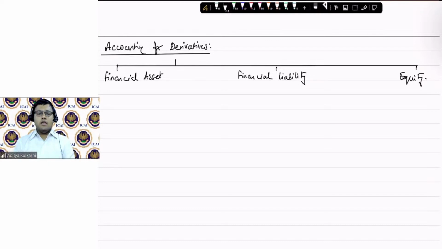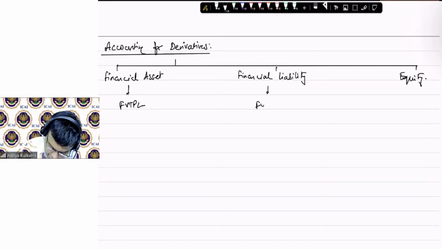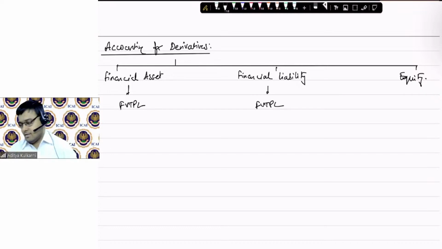Okay. So if it is a financial asset, the standard is pretty clear. We will do fair value through profit and loss accounting. If it is a financial liability, it falls in those 6 instruments, a derivative other than those for which you follow hedge accounting. And last one is equity: value at initial recognition.